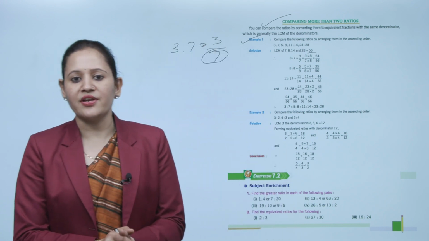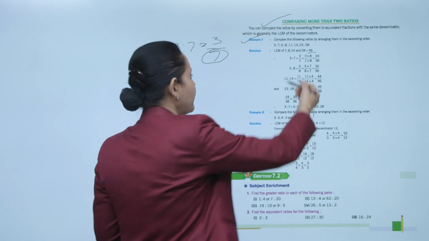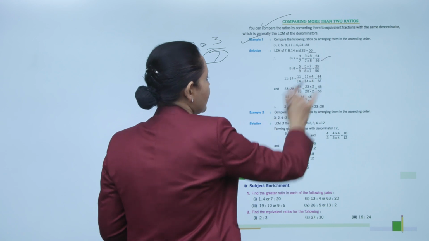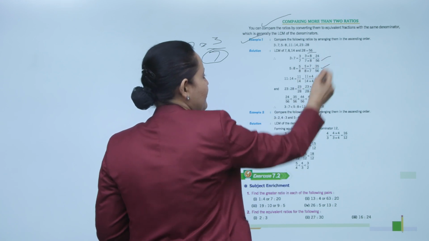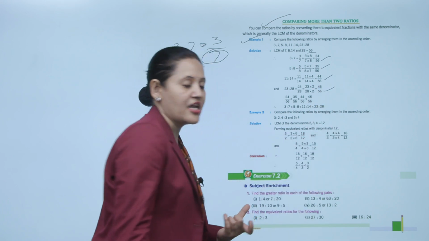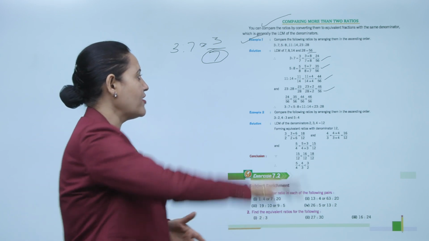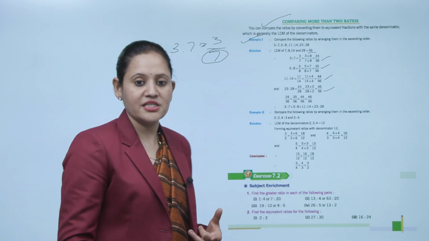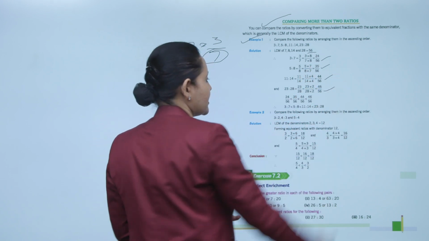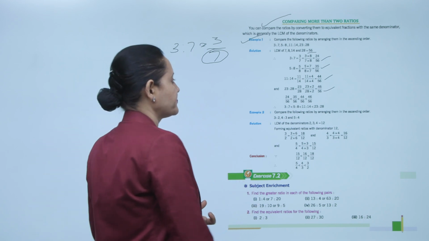For 3:7, 56 divided by 7 is 8. So we'll multiply both numerator and denominator by 8, that is 24 upon 56. Next is 35 upon 56, 44 upon 56, 46 upon 56. Now we have made the denominators the same, so we'll compare the numerators: 24, 35, 44, 46. जिसका भी ज़्यादा numerator होगा, that will be the greater.